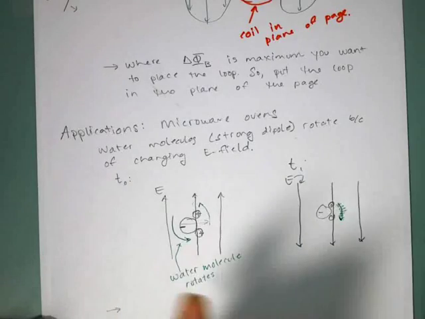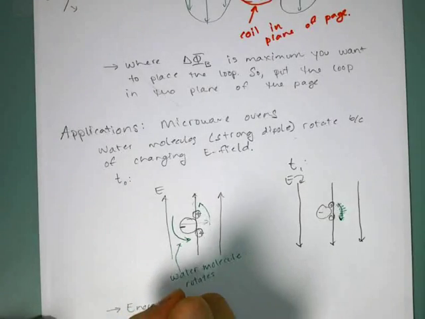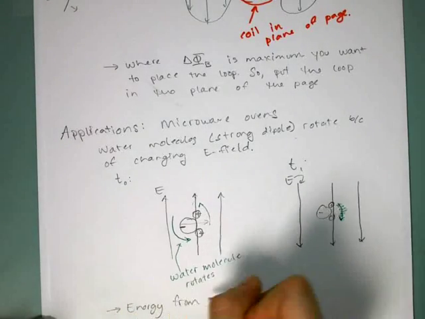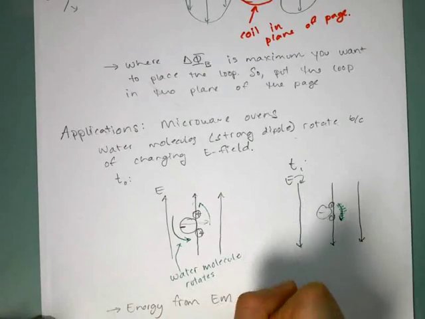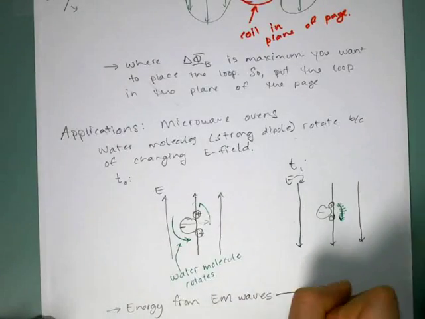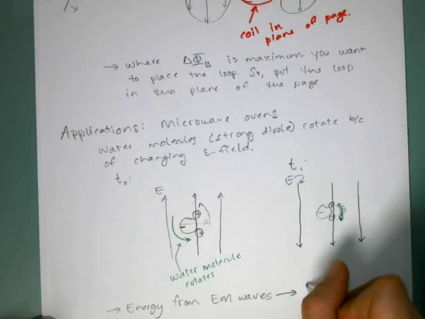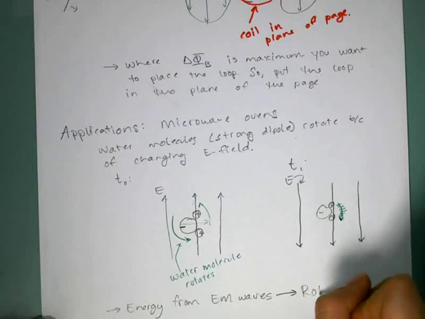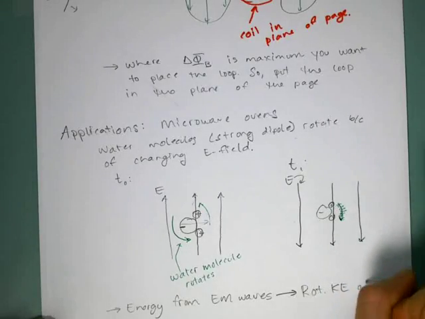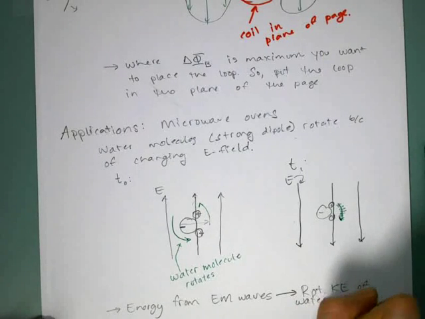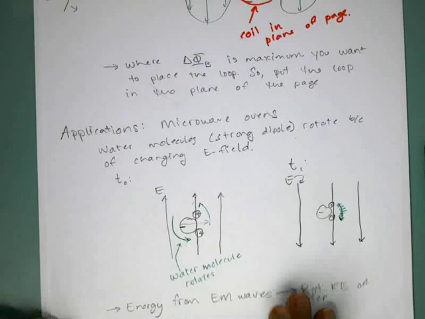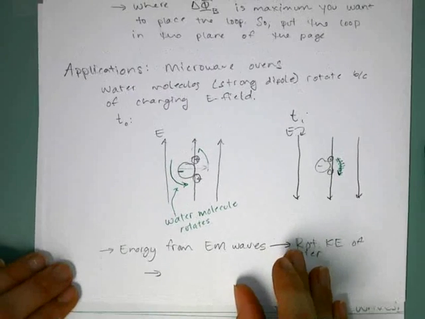And so this water molecule is going to be spinning faster and faster. So what we're doing is we're taking the energy from the electromagnetic waves, so that energy from the microwaves, and we're turning that into rotational kinetic energy.